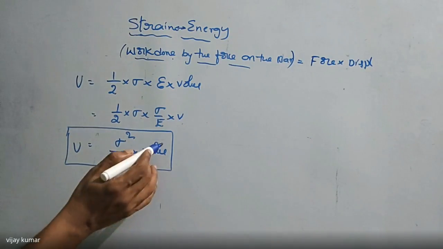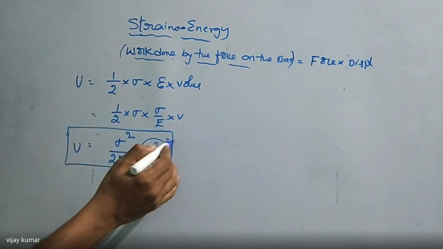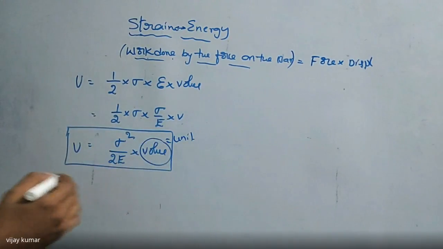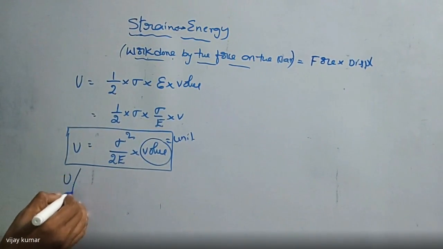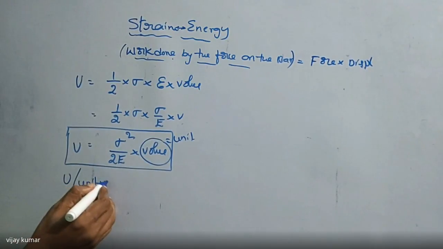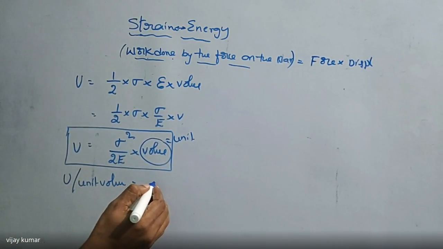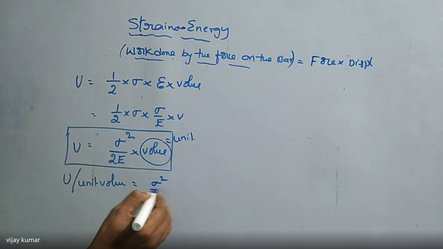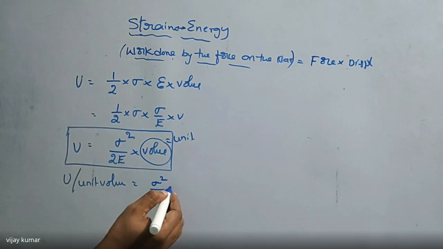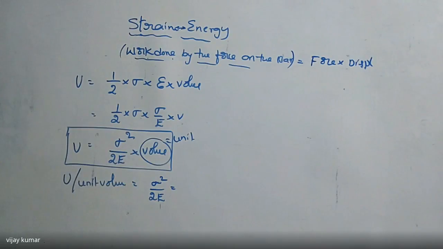If you take this for per unit volume, that is strain energy per unit volume, it is equal to sigma square by 2E.